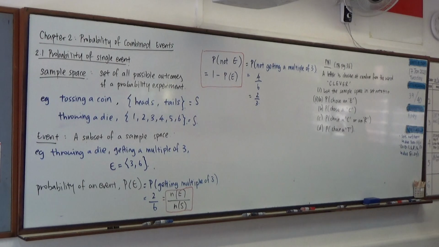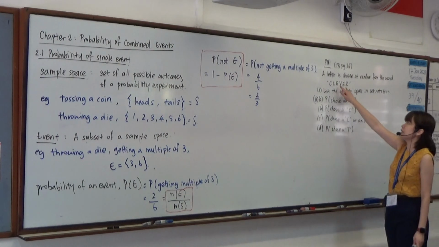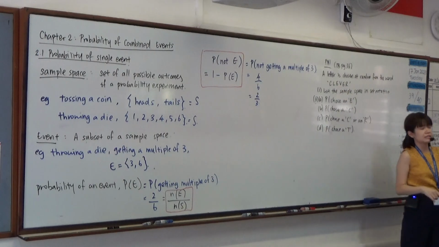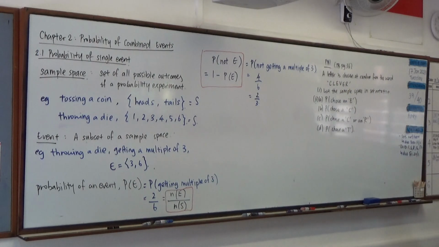Out of this word itself, we have 6 letters. I pick 1 letter out of it. Notice that there are 2 E's over here. We need to distinguish these 2 E's, just like how we understood that elements in a set need to be well defined and distinct.